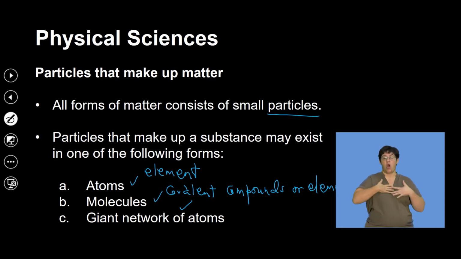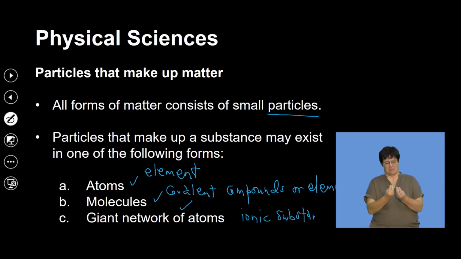So molecules are not only for compounds; they can be compounds or elements, or a giant network of atoms. In terms of the crystal lattice, an example would be ionic compounds, or ionic substances. So these are the particles that make up matter as we know it.